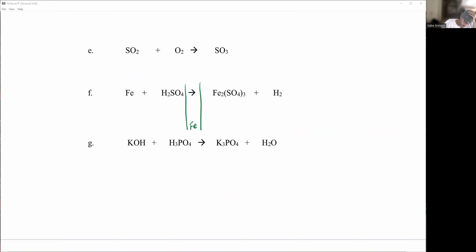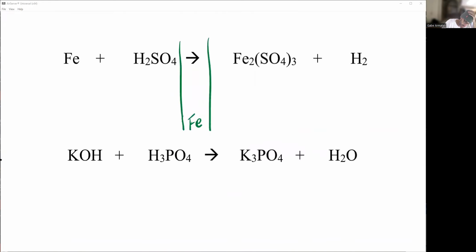If we look at what we have here, notice that we have hydrogen, sure, but we also have SO4 2-. So instead of balancing sulfur and oxygen separately, I know that sulfate always stays together, so I can act like it's an atom.